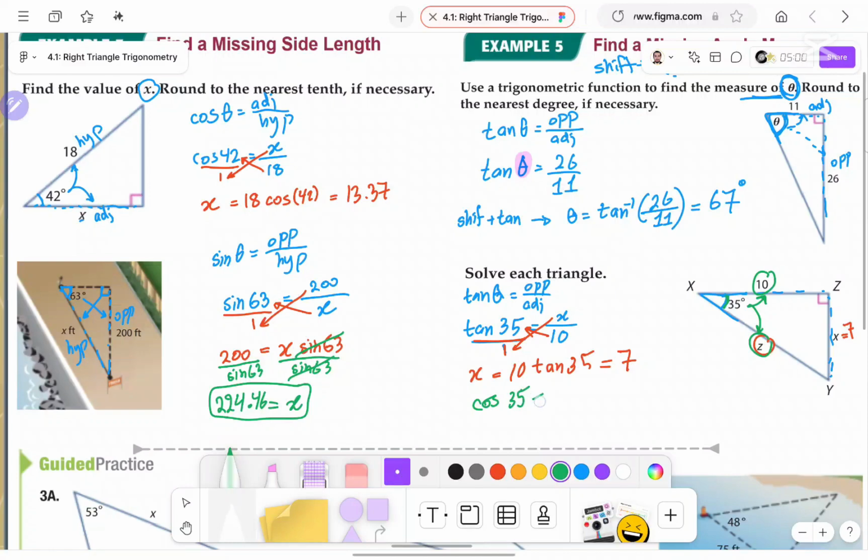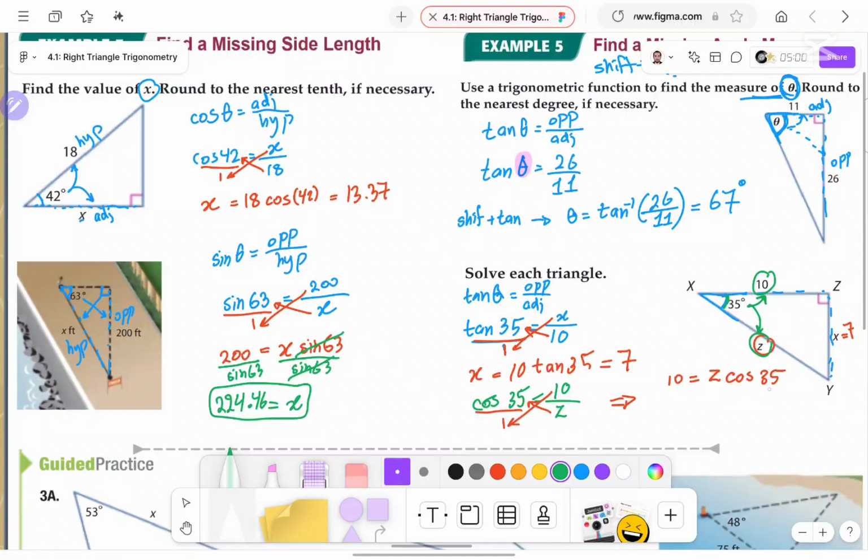Cosine 35 equals adjacent, 10, over z. So we can use cross multiplying, 10 times 1. Okay, let's continue here. 10 equals z times cosine 35.